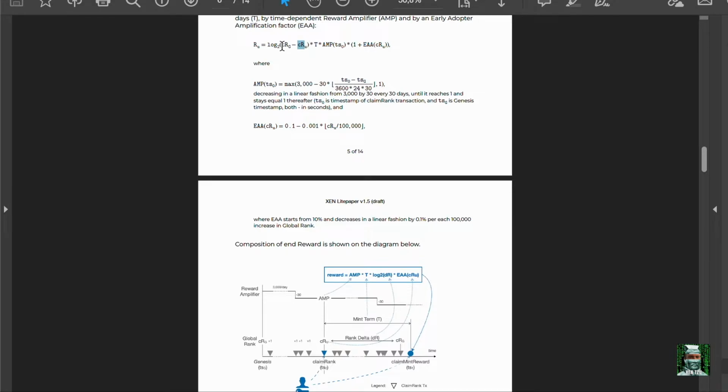If your crypto rank is 1,000, what does that mean? That means that there have been 999 addresses that interacted with the protocol before you, right? Okay, so after you claim your rank, there's 2,000 addresses that are interacting with the protocol after you.